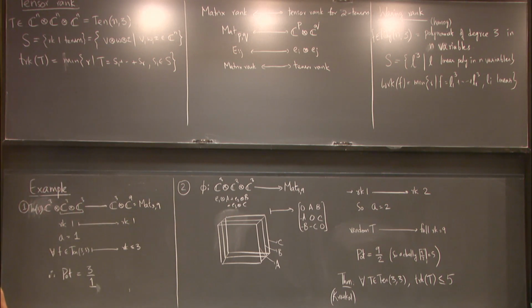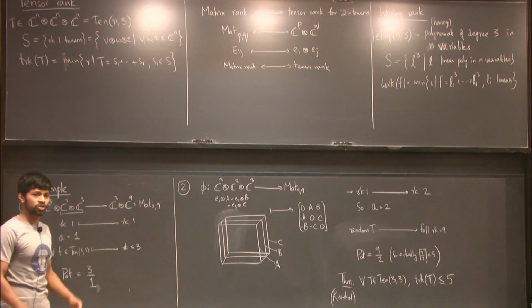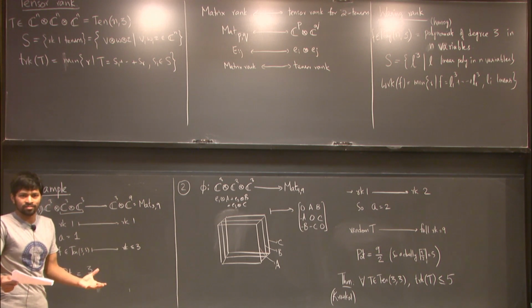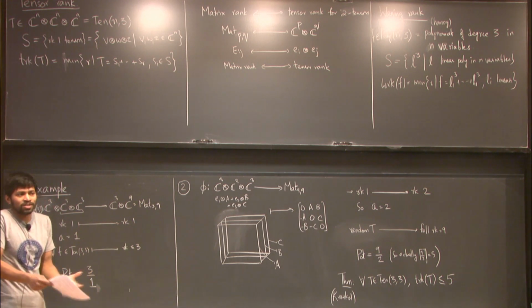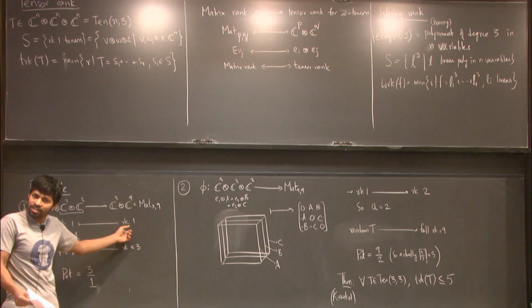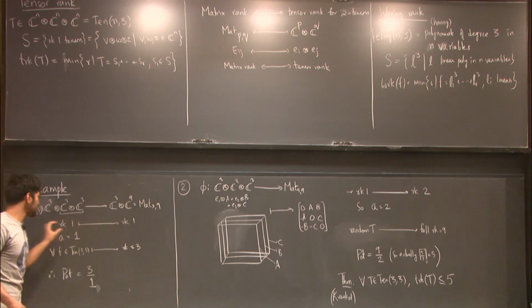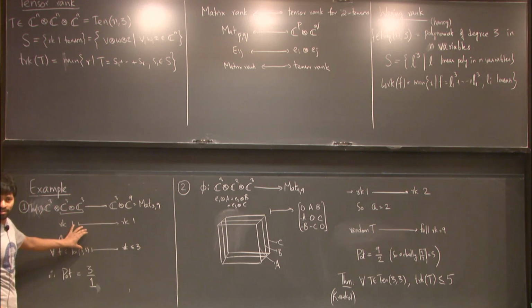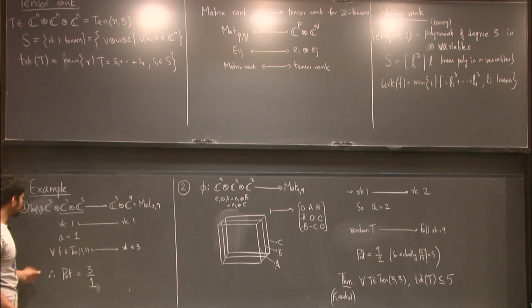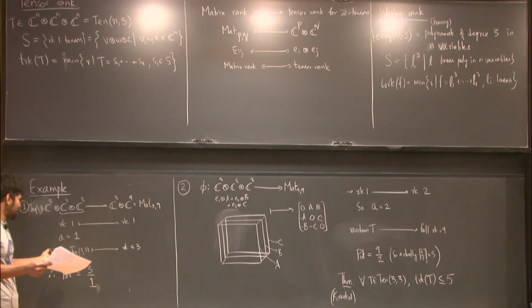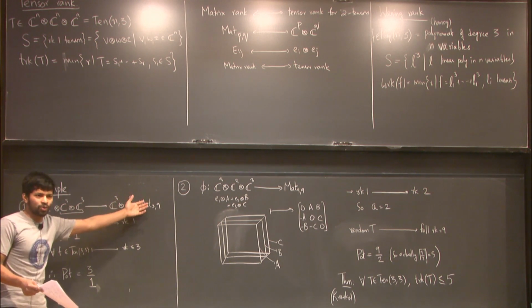Okay. Now let's see what happens. If you take a rank 1 tensor, something that looks like V tensor W tensor Z, what does it go to? It goes to V tensor something, and that something is W tensor Z, but it's still a vector. So that's a rank 1 matrix. So the maximum possible thing a simple tensor can go to is 1, which I call A. And if you take a generic 3 by 3 by 3 tensor with random values and push it forward, you will get a full rank matrix.